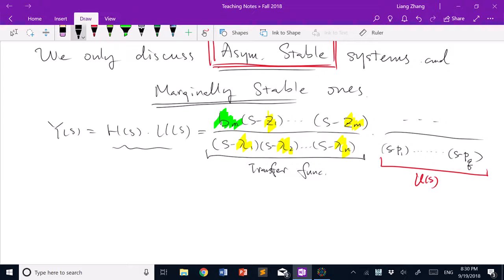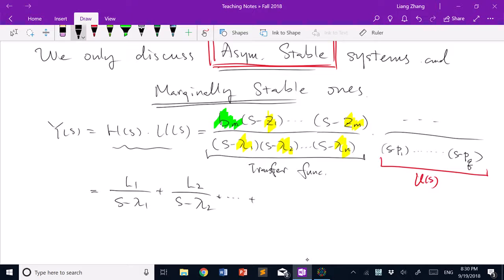Now, we also know that when you have this form, especially when you can separate all the poles of the transfer function from all the poles of your input signal's Laplace transform, we can apply the partial fraction expansion method. So it's possible to write this as the partial fraction form of all the roots.